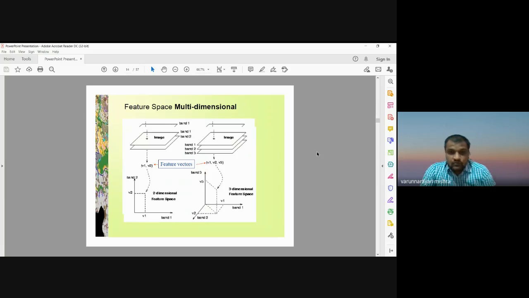The vector value, the measurement vector for every pixel in that image, is considered the feature vector. This is the way we can use feature space for a multi-dimensional data set, which will provide you the information of the pixel values distributed among different bands of the satellite images.